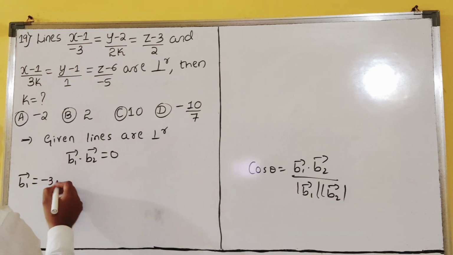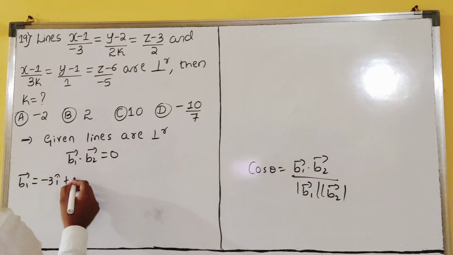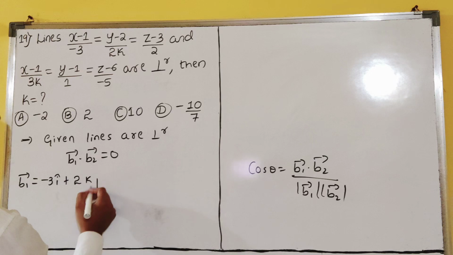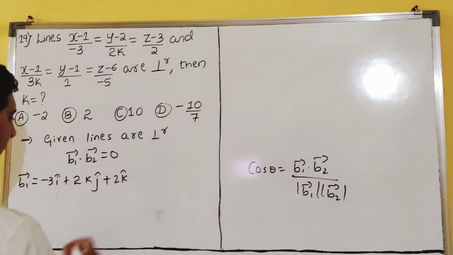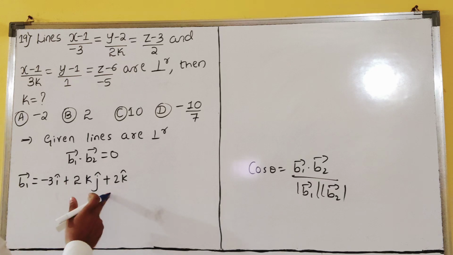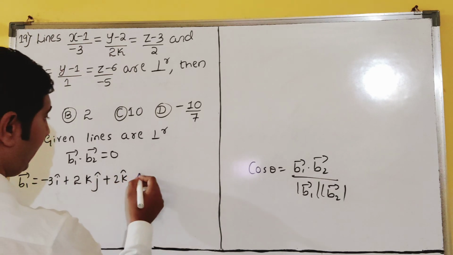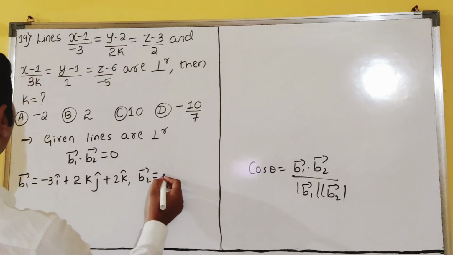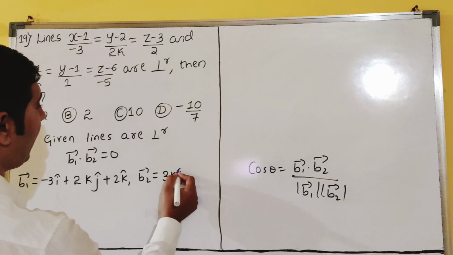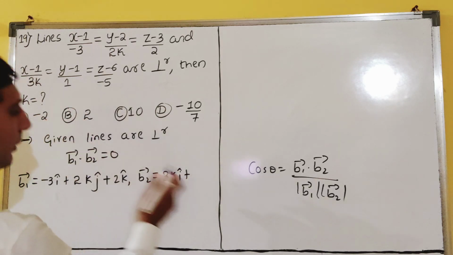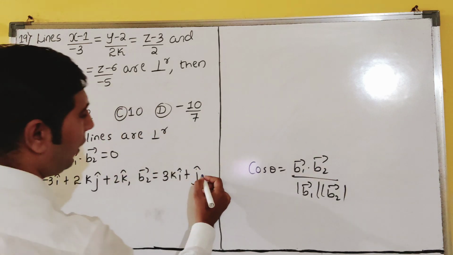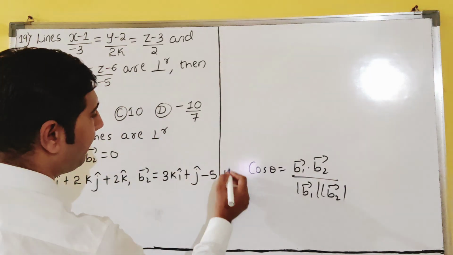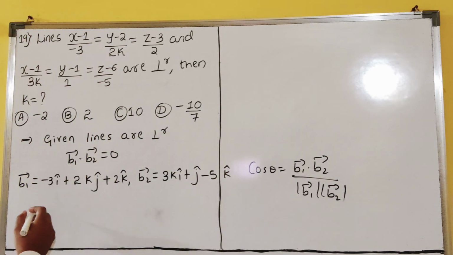So b1 is minus 3 i cap plus 2k j cap plus 2 k cap, and vector b2 is 3k i cap plus 1 j cap minus 5 k cap. Now you know how we will multiply the dot product.